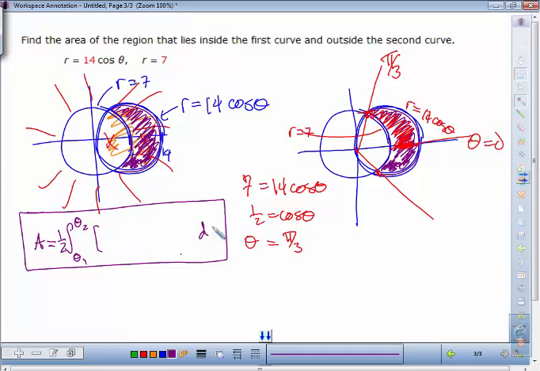And then the other thing that happens is that the delta x becomes a dx. So in between here is going to be the difference between the two functions, and you have to square them first and then take the difference. So this would be f2, the bigger function of theta, squared minus f1 of theta squared. So you need to square each one separately and then do the subtraction.